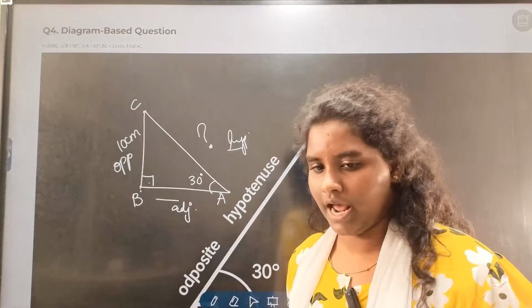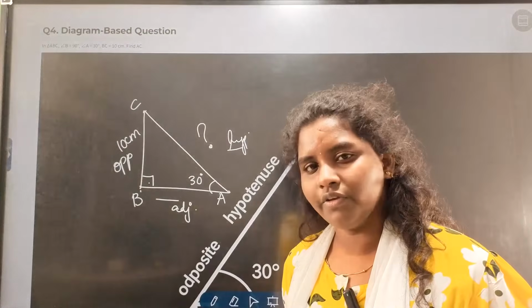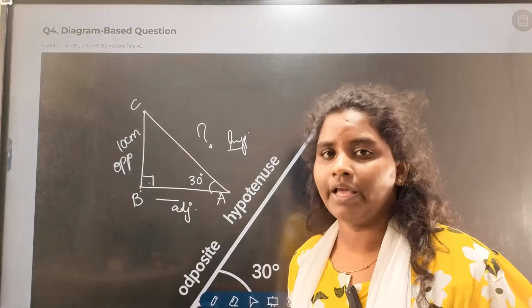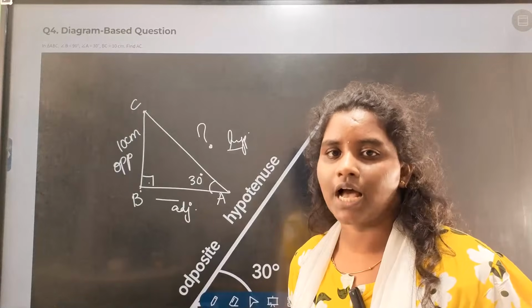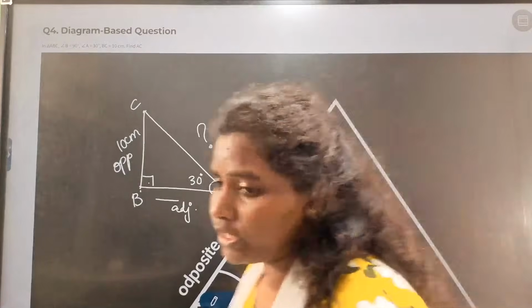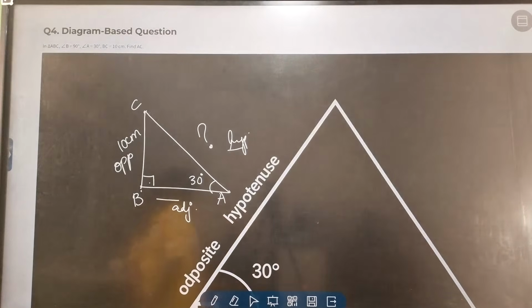Sine, cos, tan, and cosecant, secant, cot. For all of them we have ratios. For sine, it's opposite by hypotenuse. For cos, it's adjacent by hypotenuse, like that. And here, one value is known.